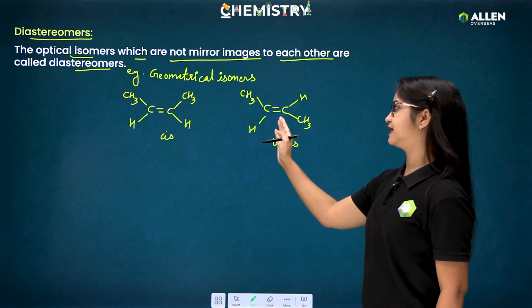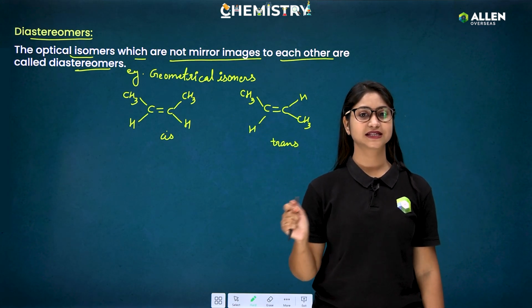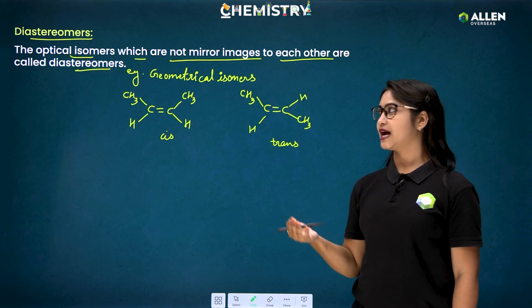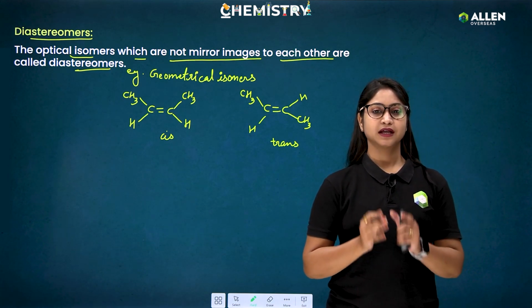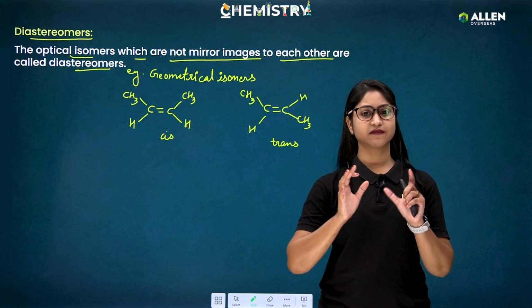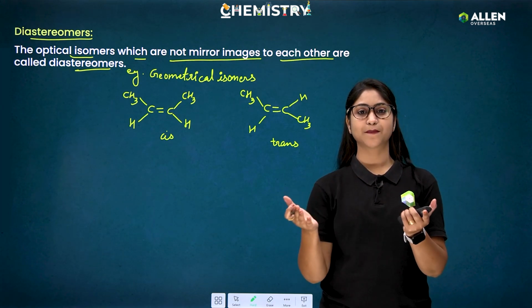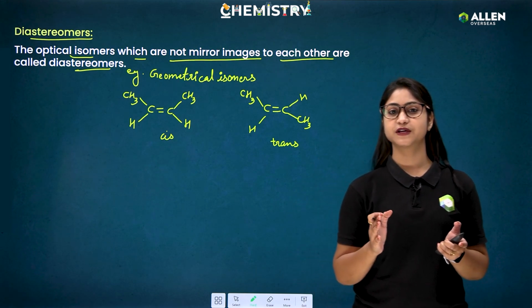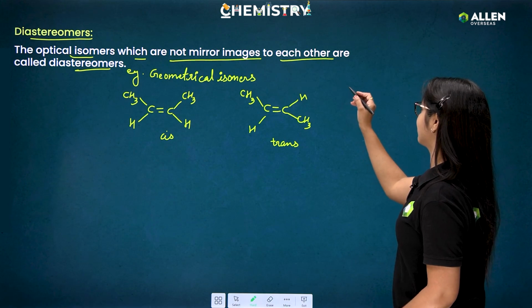You can see that they are not mirror images to each other, so these can be called as diastereomers. Okay, so diastereomers might have chiral carbons also, but even after having the chiral carbons, if you compare the two compounds and they are not mirror images of each other, then you can call them as diastereomers.